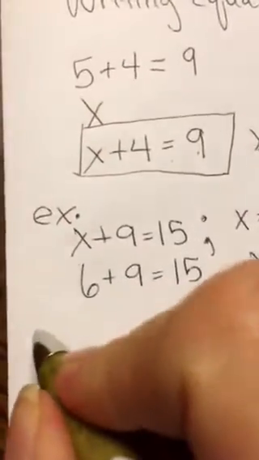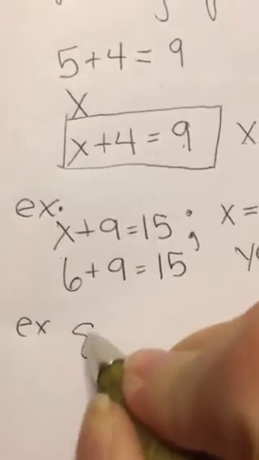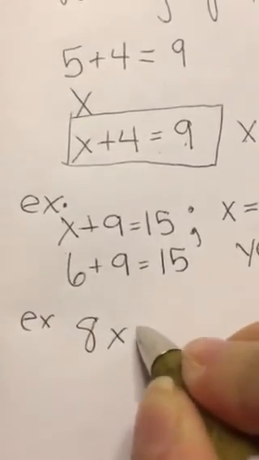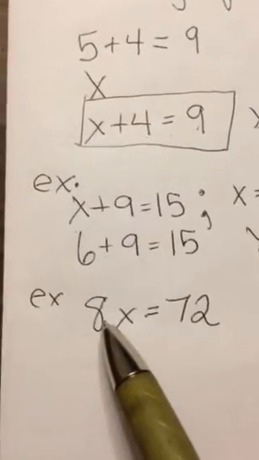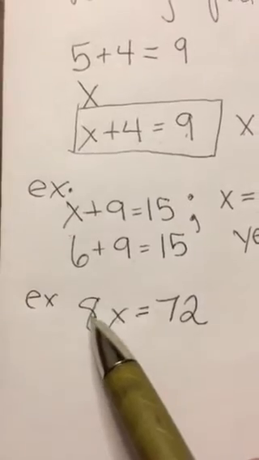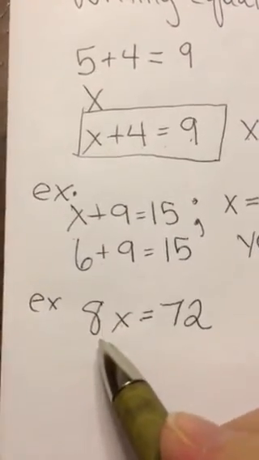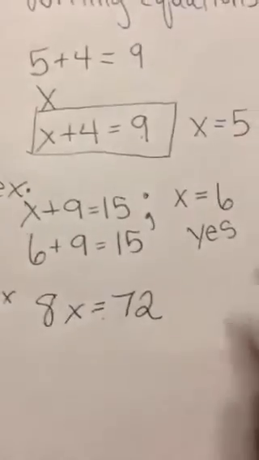Let me give you another example. Let's do 8x equals 72. Now remember, when we see a number with a letter, we are going to multiply. This means 8 times x equals 72.